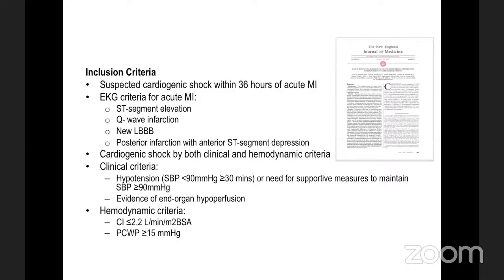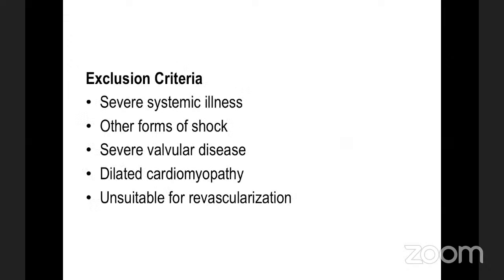Clinical criteria are hypotension less than 90, need for inotropic support to keep systolic more than 90, and evidence of end-organ hypoperfusion. Hemodynamic criteria are cardiac index less than 2.2 and wedge pressure more than 15. They excluded severe systemic illness, severe valvular disease, dilated cardiomyopathy, and patients unsuitable for revascularization.